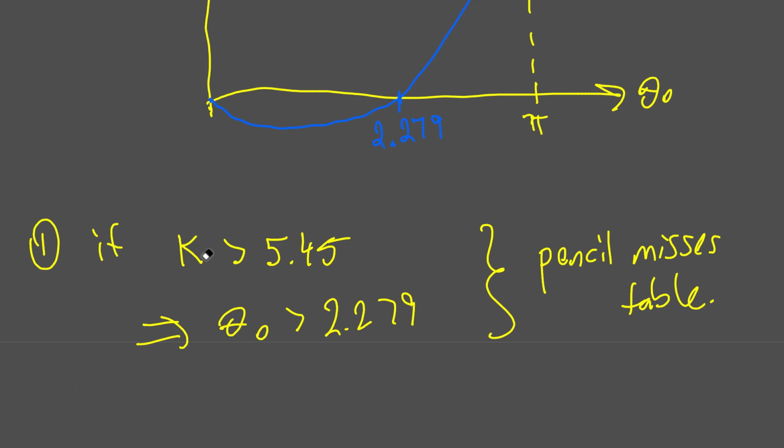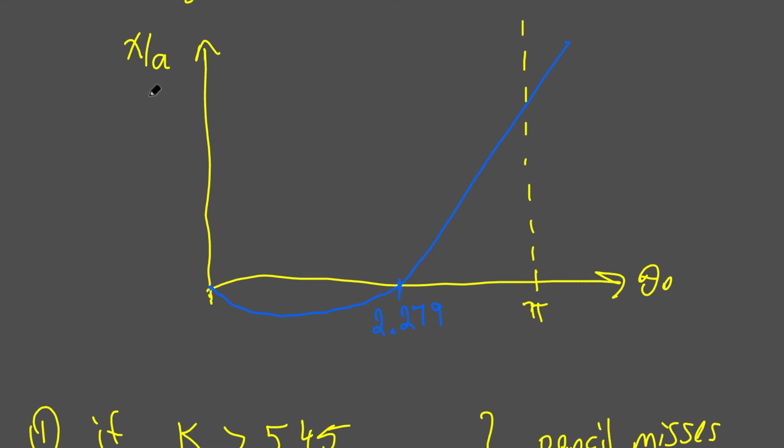Now for the second and third cases, we know that if theta naught is less than 2.279, then x is less than 0. In other words, the tip of the pencil is to the left of the origin when the tip reaches y equals 0.